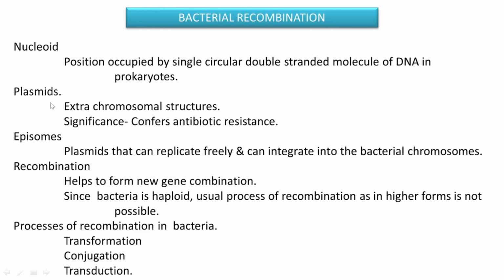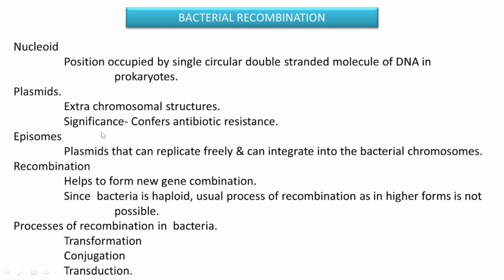This term also we have learned. Plasmid: in addition to that double-stranded circular DNA present inside the prokaryotes, it possesses an extrachromosomal structure. That structure is plasmid. What is its significance?